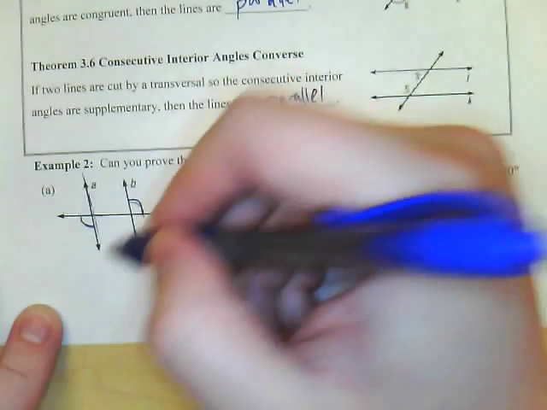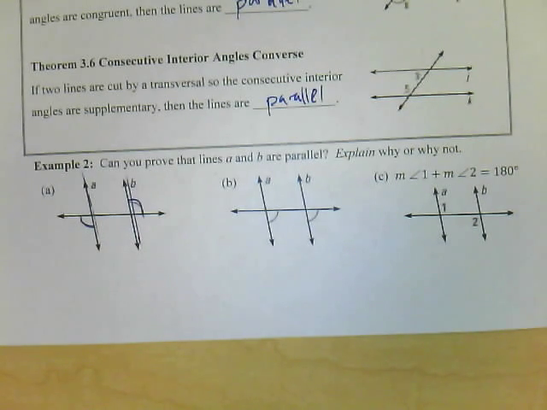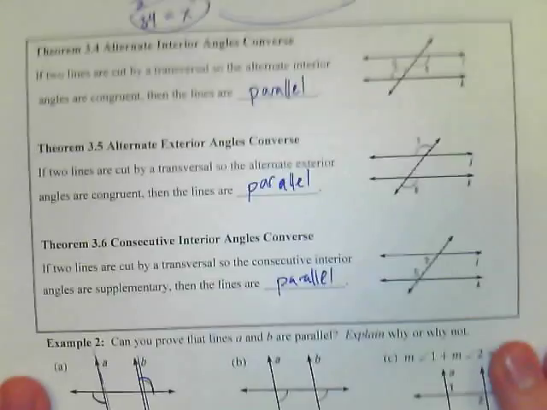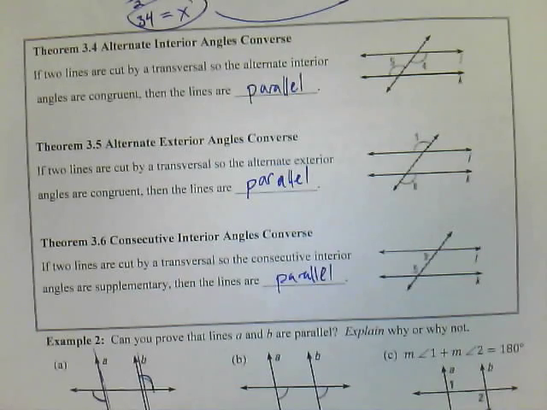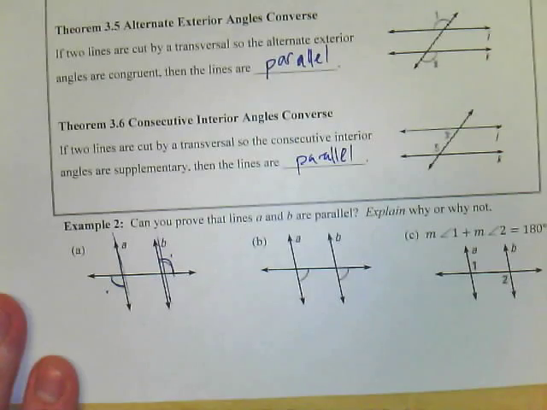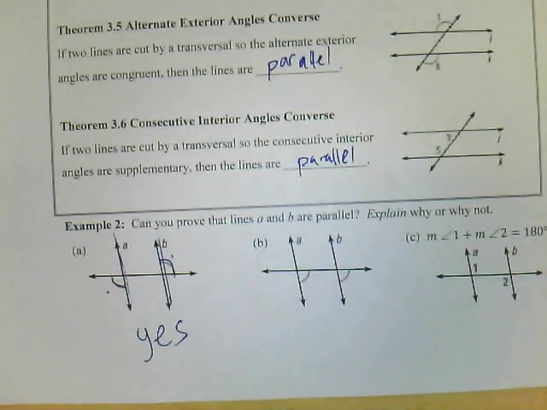The two lines in question are being cut by this horizontal transversal, and the two angles are on the exterior of the lines and on different sides of the transversal, one on top and one on bottom. This makes them alternate exterior angles. So by theorem 3.5, the alternate exterior angles converse, since these two angles are congruent, the lines must be parallel. So yes, lines A and B are parallel here.